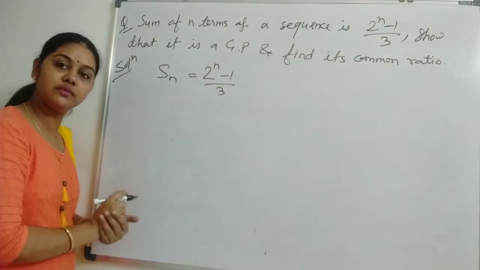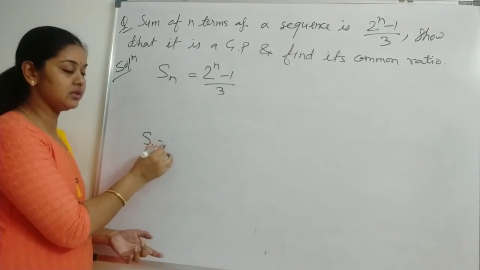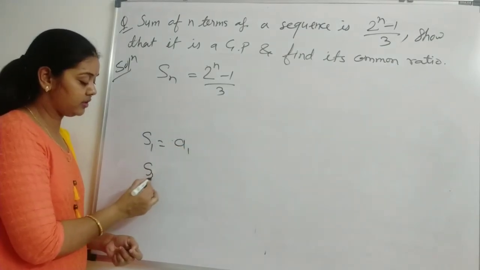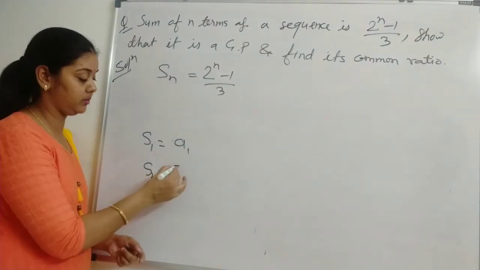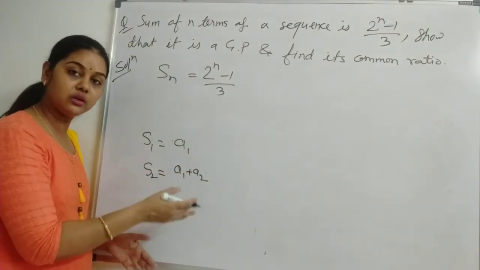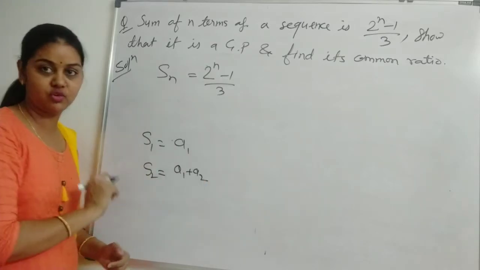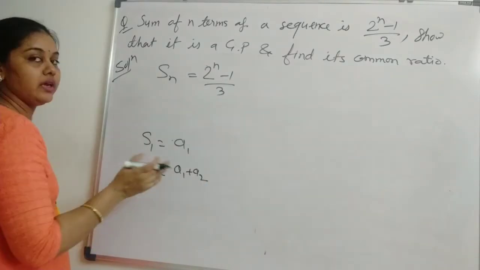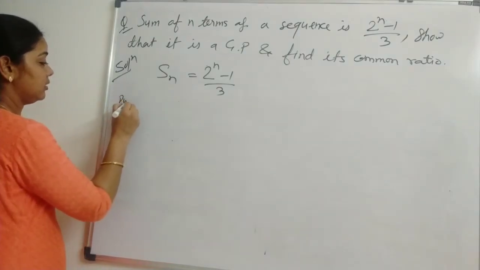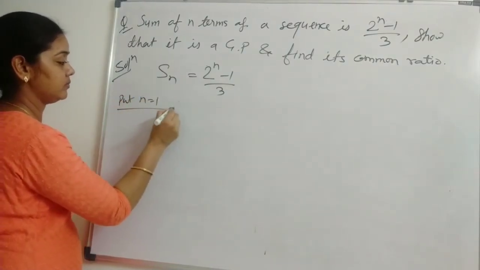So we will start with the first term. S1 means, as I have already told you, the sum of one term. S2 means the sum of two terms, A1 plus A2. S3 means the sum of three terms, A1 plus A2 plus A3, and in this way S4 and so on. Now put n equal to 1.